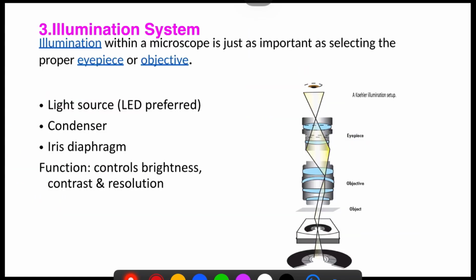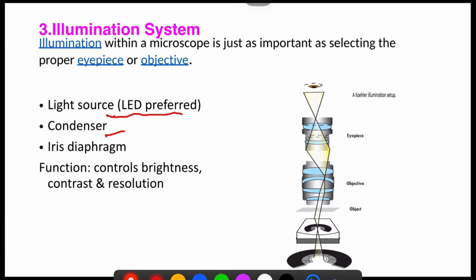Now third system is illumination system. So illumination within a microscope is just as important as selecting the proper eyepiece and objectives. So it is composed of light source, now LED preferred, condenser and iris diaphragm.